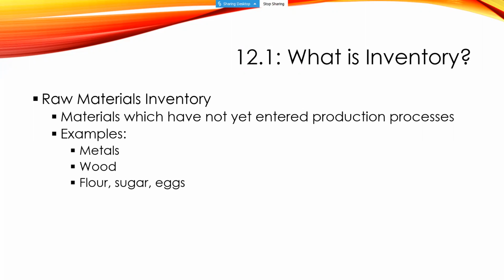Companies, something like Treskers, their flour, sugar, and eggs would be their raw materials. Clothing manufacturers would be your buttons, your snaps, zippers, cloth. So these are the materials that are waiting to be started upon.